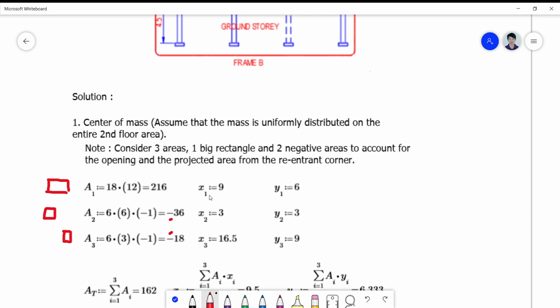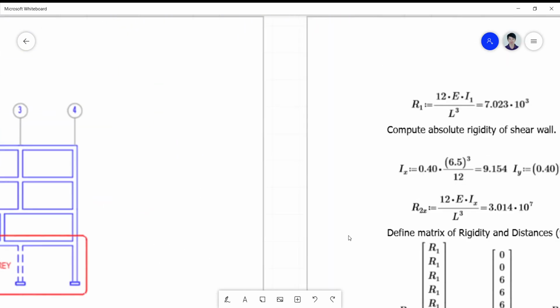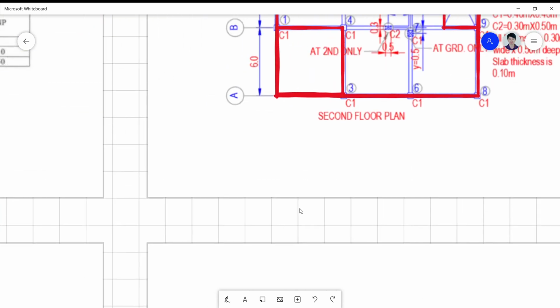And taking a look at the values of your moment arms, x1. The reference of the moment arm is actually from the bottom left corner. So let's specify now the reference origin.